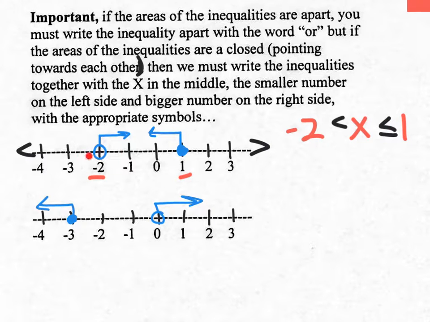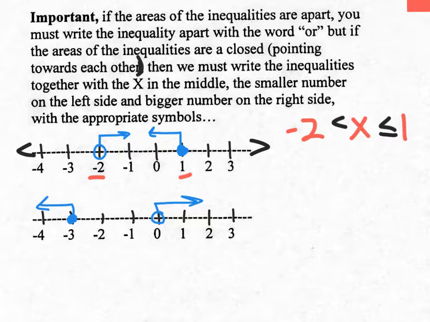Like I said, if it's in order, which it is, because it's always on a number line, the smaller number is always on the left, the bigger number is always on the right, it has to open up to the bigger number, right? And anything that's on this side, it can't open up towards it. So that's why it's always going to be less than symbols. Now, what does this compound inequality really say? It says x is less than or equal to 1. So here's 1, it's to the left.